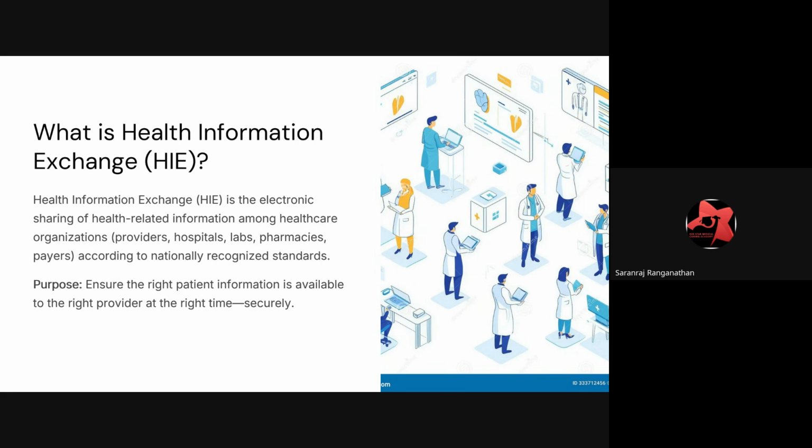Starting from the demography through the entire service they provide, when they share this health information, it comes under HIE, and that is the main purpose of HIE. When it comes to HIE, they mainly focus on patient demography. Why? Because the same type of services will be provided to different patients.